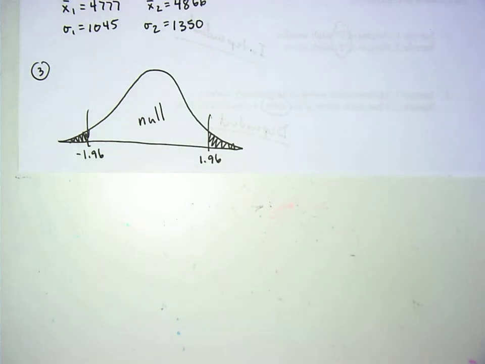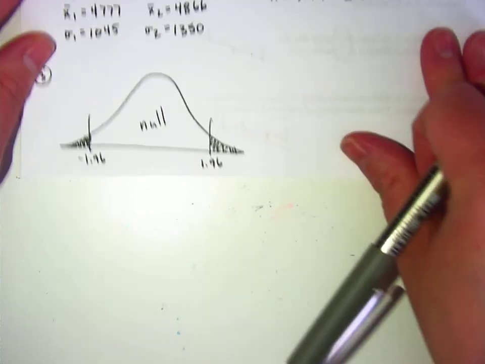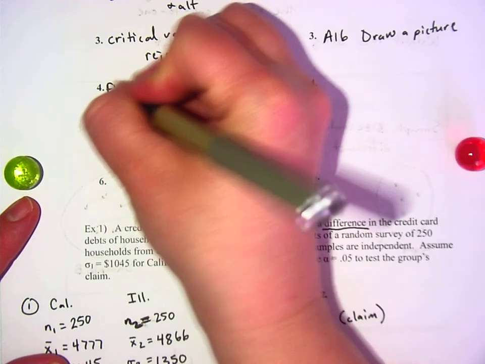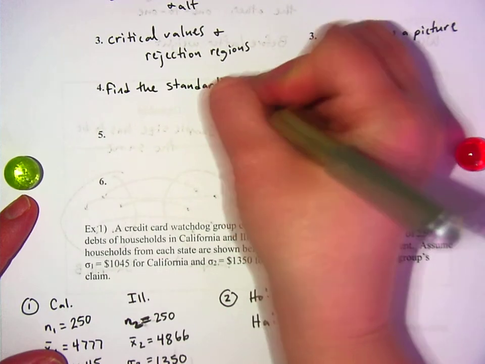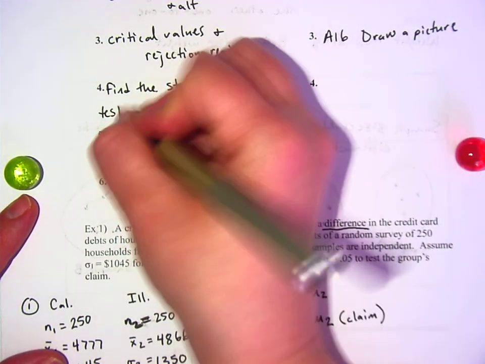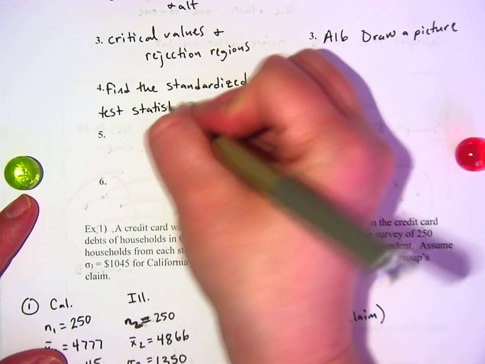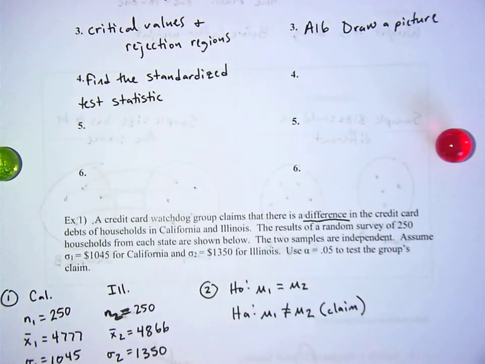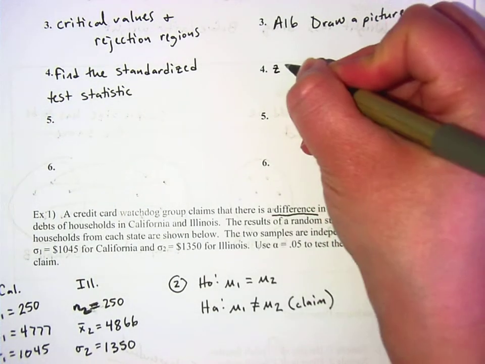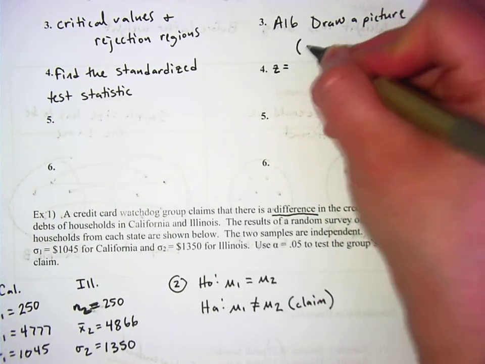All right, next up, we've got to find the standardized test statistic. Okay, now this is going to be a big formula, so you're going to need to make room for it.